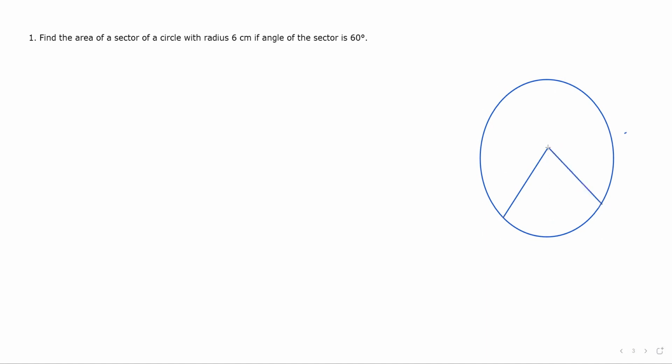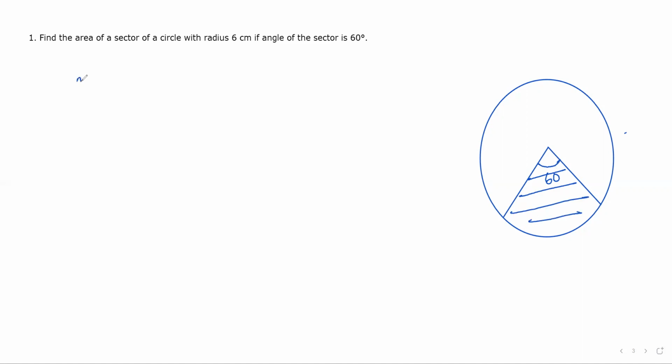This is approximately 90, so less than 90. This is 60 degree, and we want to find the area of the sector. So we want to find this area.